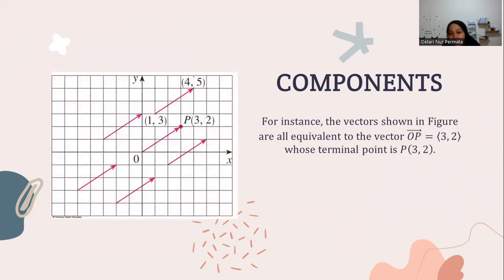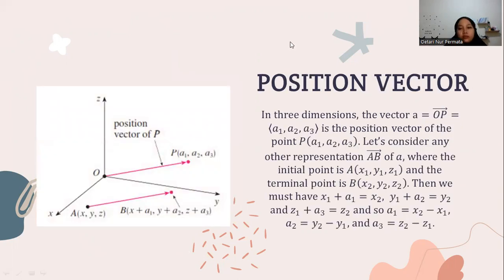For instance, the vectors shown in the figure are all equivalent to the vector OP equals ⟨3, 2⟩ whose terminal point is P(3, 2). In 3 dimensions, the vector a equals vector OP equals ⟨a1, a2, a3⟩ is the position vector of the point P(a1, a2, a3).